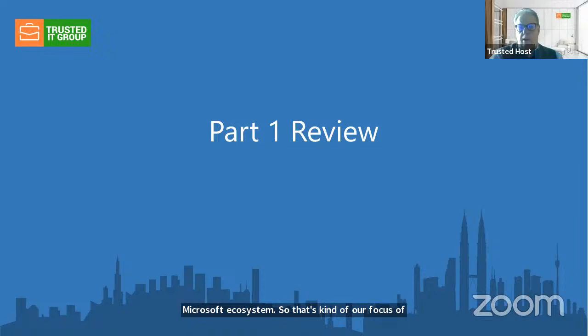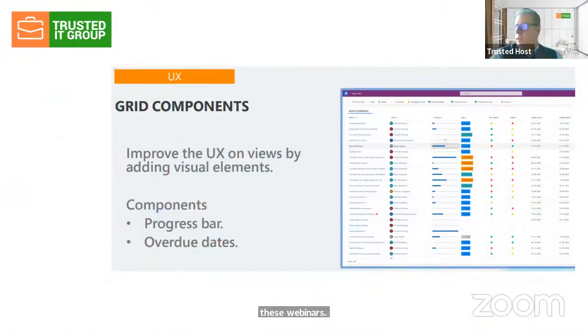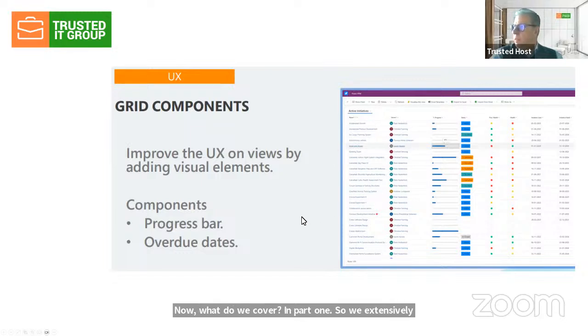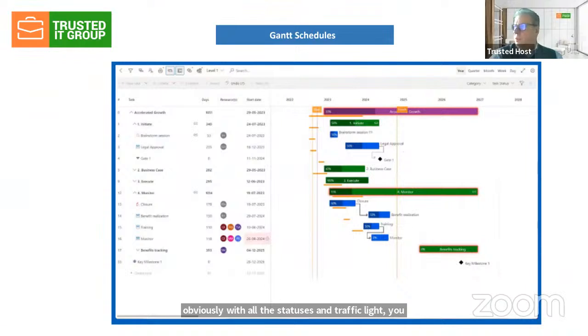Now, what did we cover in part one? We extensively demoed the UI of the project summary page, with all the statuses and traffic lights, and all the KPIs that are available. The other feature that we got into was the Gantt charts and scheduling.